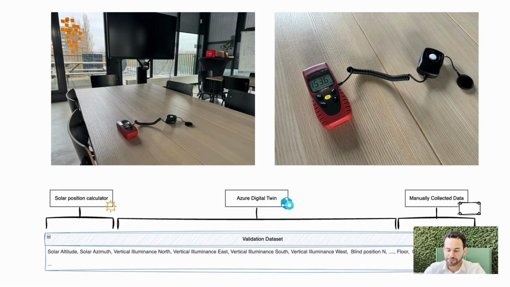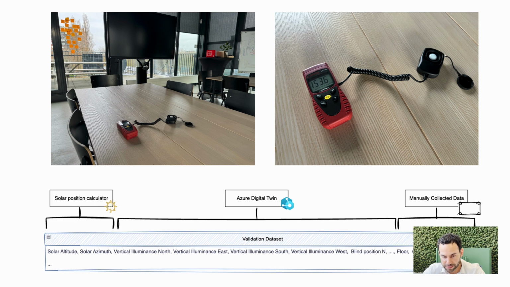In parallel, we create a validation data set. The validation data set has the same data inputs, but they are taken at a specific point in time in the building. That is, we take the illuminance and an average of the illuminance in the target area that we want to validate against.